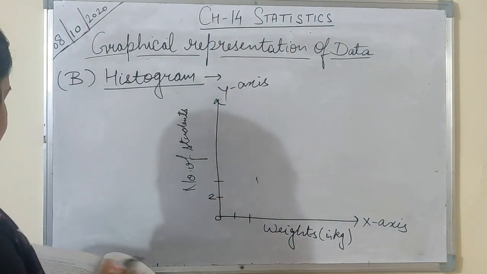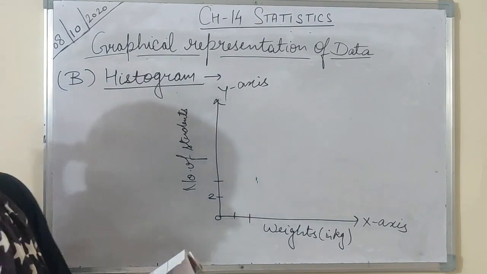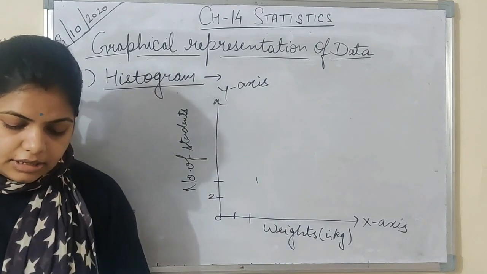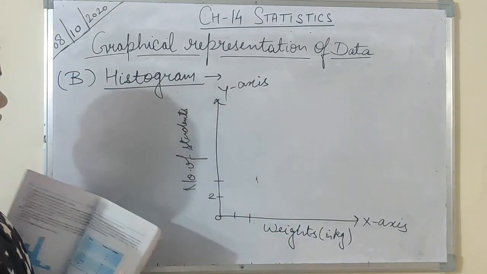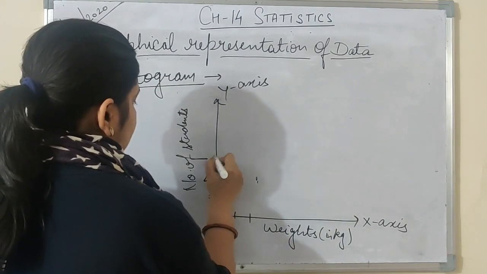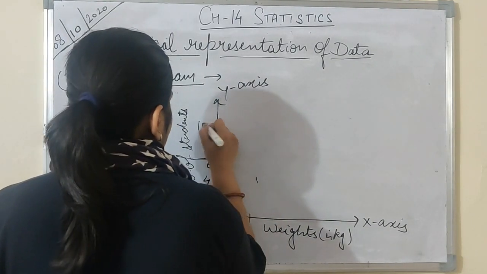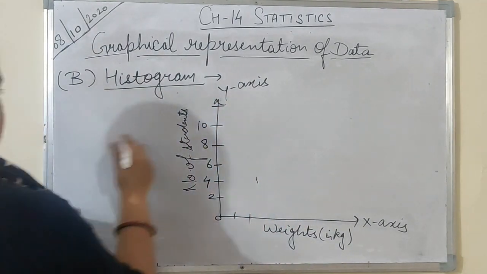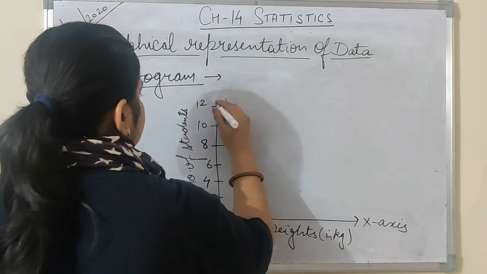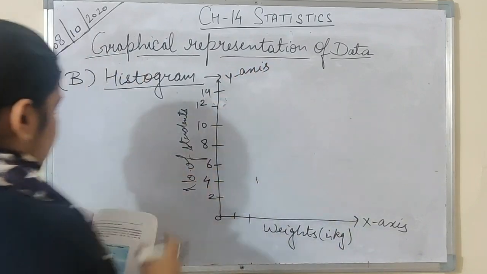You will see that in the number of students column of the given question, the numbers are 9, 6, 15, 3, 1, 2. So if you take a gap of 2 units from the start, it will be sufficient. That's why I am taking a gap of 2 units. Okay, so I have drawn it like this.